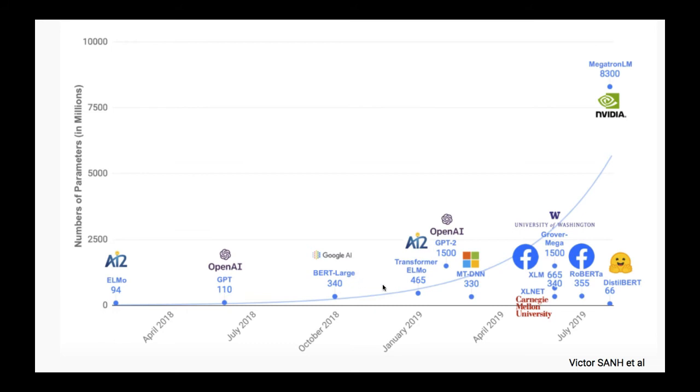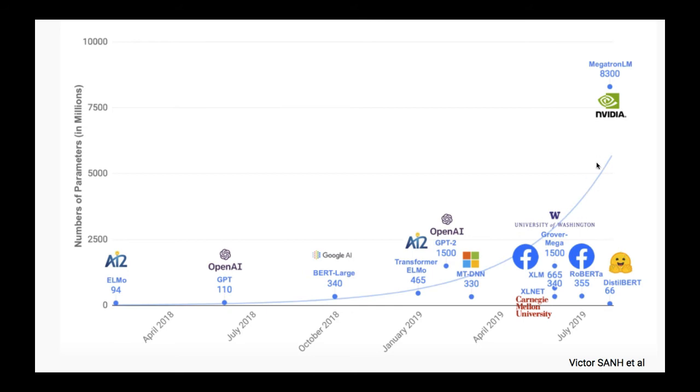And after that, you can see more and more language models released in a very short period of time: Transformer, ELMo, GPT-2. GPT-2 has 1.5 billion parameters, which was also quite a big thing at that time. And there are also XLNet and RoBERTa. So many different language models got released.